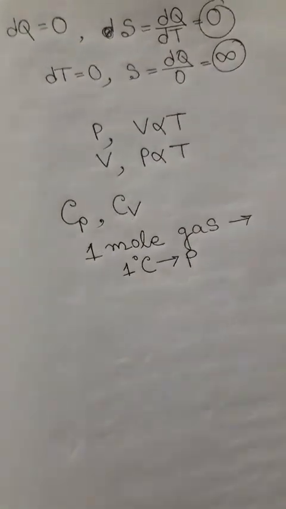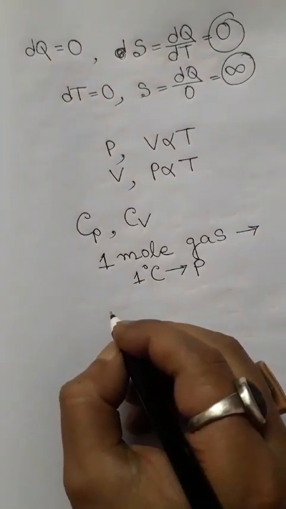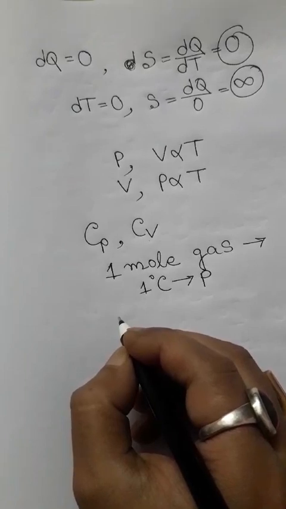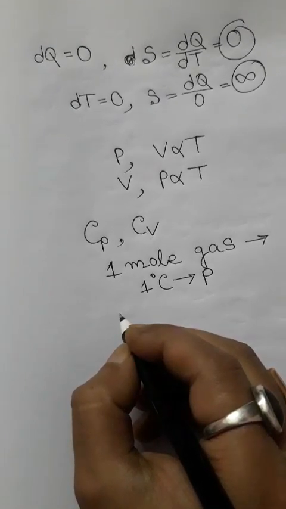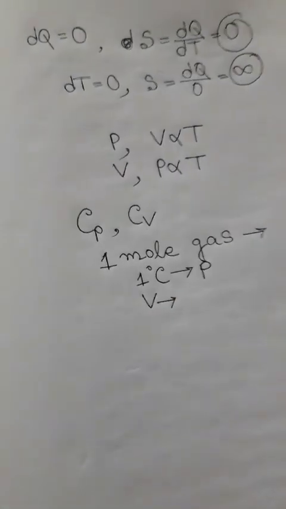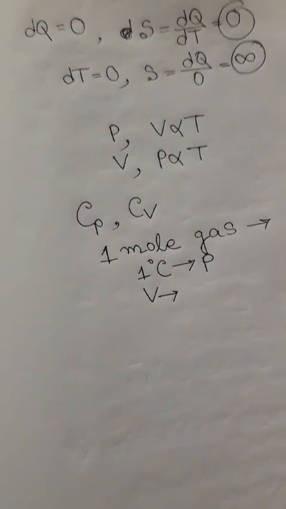Similarly, the amount of heat required to increase the temperature of 1 mole of gas by 1 degree Celsius by keeping volume constant is known as the molar specific heat at constant volume.